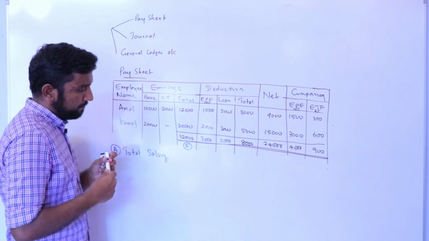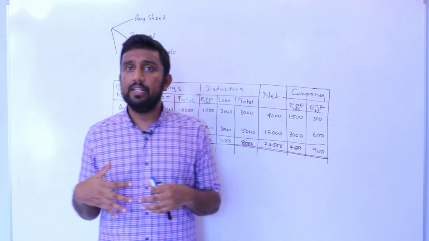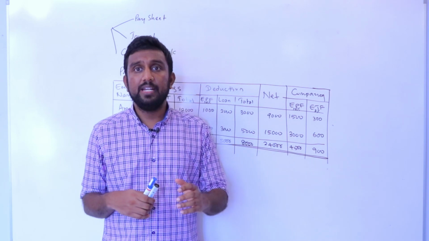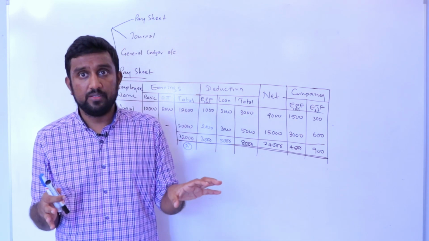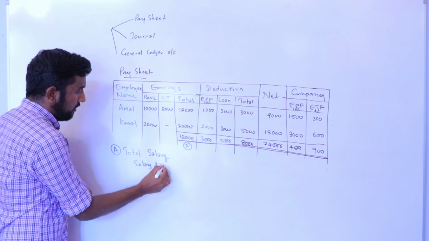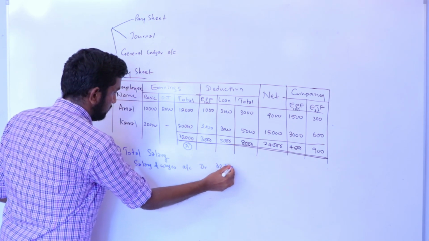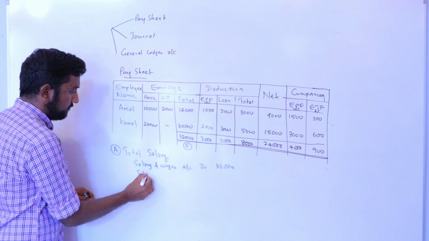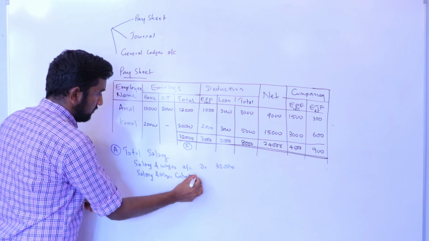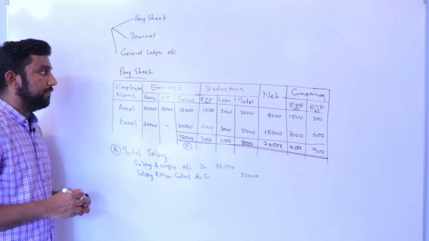So 32,000 is the total salary. It is anyway an expense for the business. We know for a fact the total salary is to be shown as an expense in the income statement, which we normally study in company and sole trade as well. So first entry for the total salary: salary and wages account debit 32,000 and salary and wages control account credit 32,000, right?